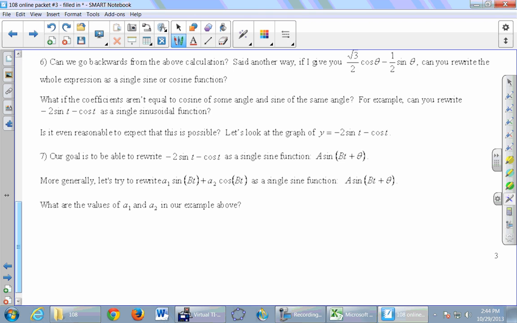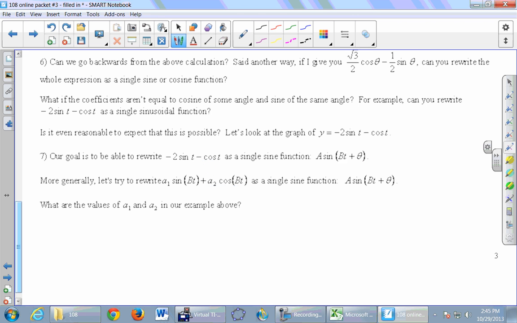Okay, so we're going to make this very general. Instead of trying to write this specific thing as a single sine function where we find A and B and theta, we're going to say, okay, what if you just had a1 sine of bt, so a1 is this -2 here, and a2 cosine of bt, and a2 is that -1 there.